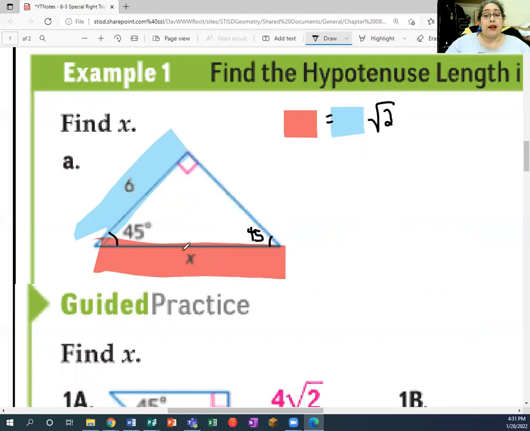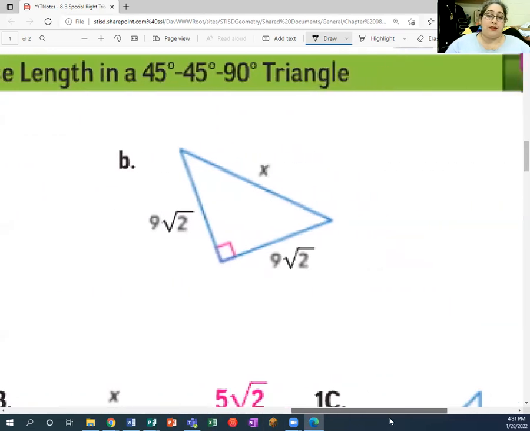Using my color coding, I find that the hypotenuse was given to us as a variable x, and the leg measurement was given to me to be the number 6. I need to find the value of x. It's already done, and I didn't have to use the Pythagorean theorem, though you're welcome to use that as a review from the previous section, 8.2, when we looked at the Pythagorean theorem, to confirm that this is indeed the response. Let's look at example B because it's slightly different.